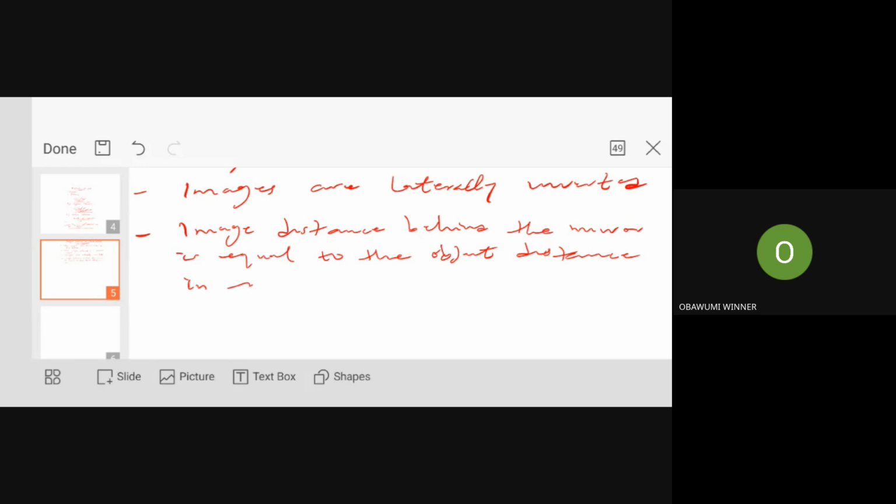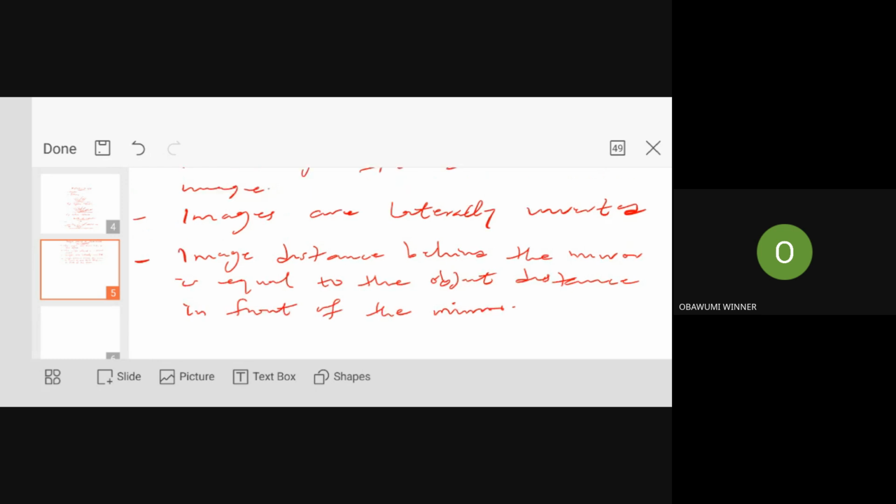So this is the fourth property or fourth characteristic of images formed on a plane mirror.